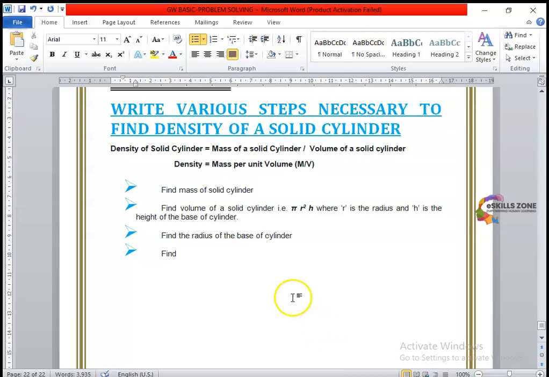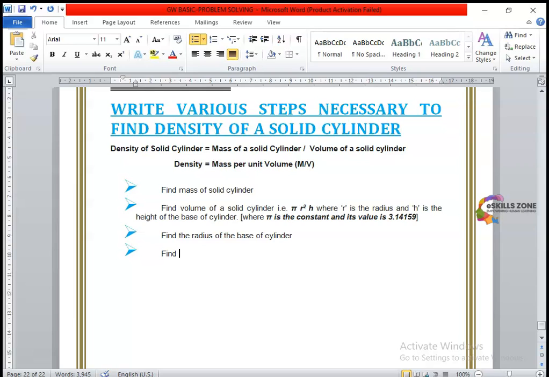These are all the necessary things we need in order to find the density of a solid cylinder: the height, the radius, and pi, which is a constant value, 3.14159, a universal constant. Instead of writing pi, you can type the symbol as well.